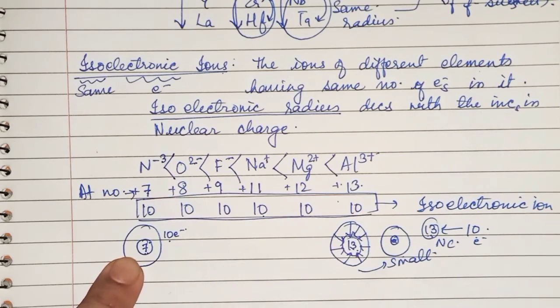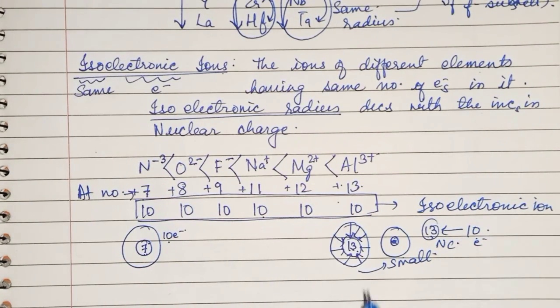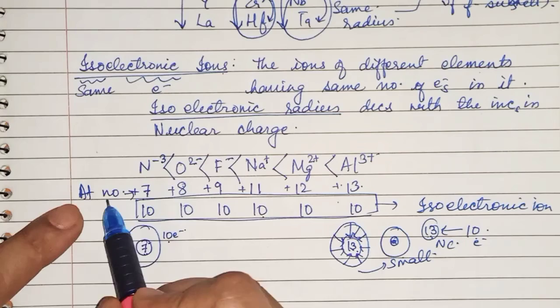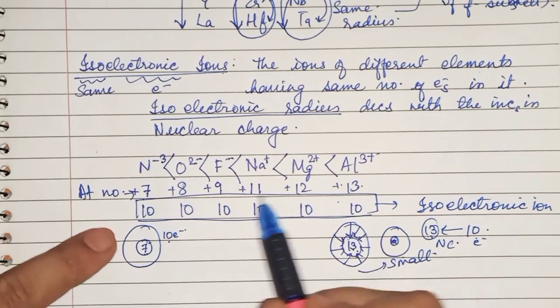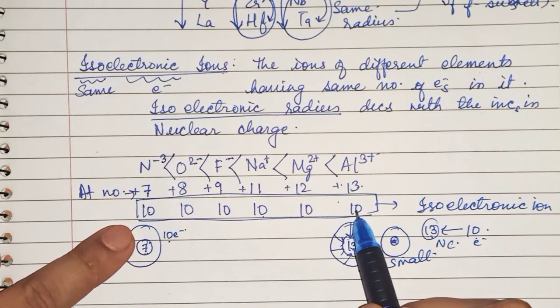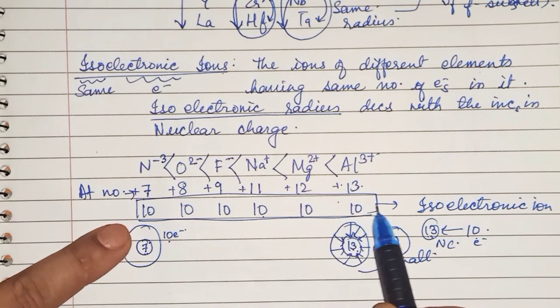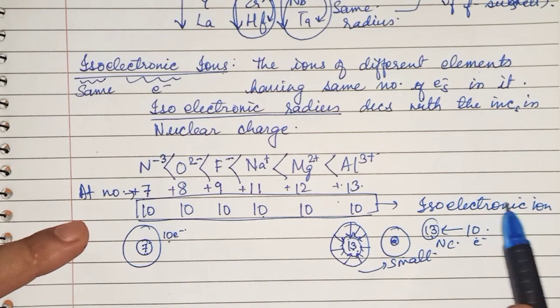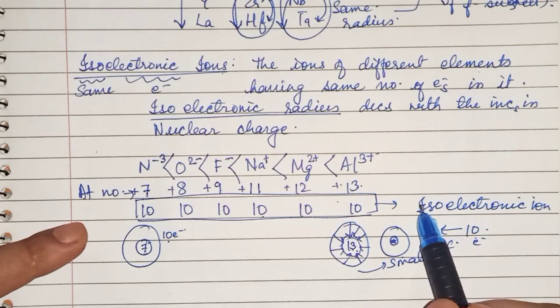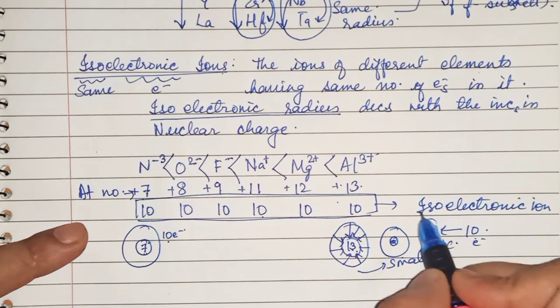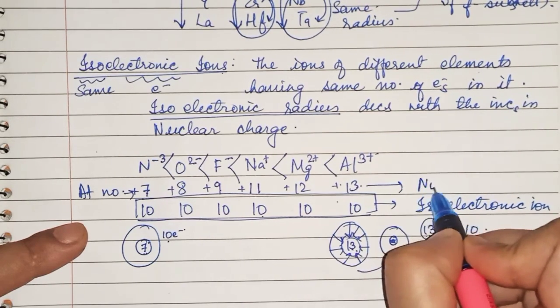One more time I am going to explain, children. First you will write the atomic number. Second, whatever gain or loss of electrons is there. After that you will check whether they are isoelectronic or not. If they are isoelectronic, you will consider only the nuclear charge.